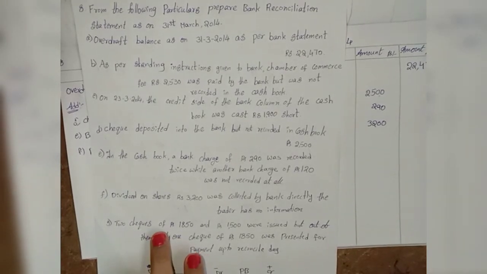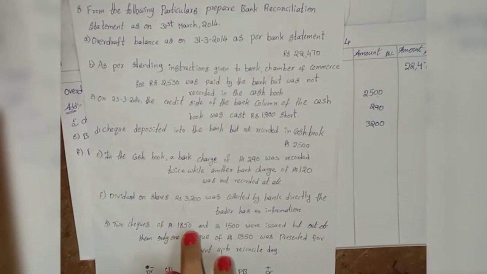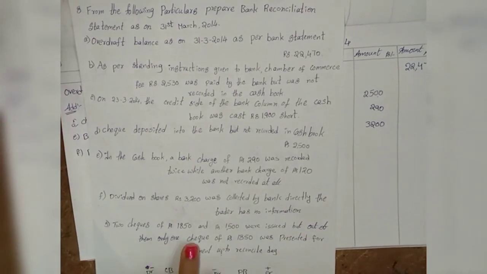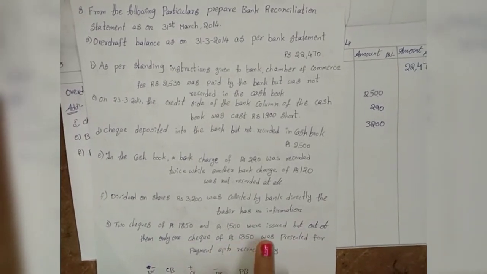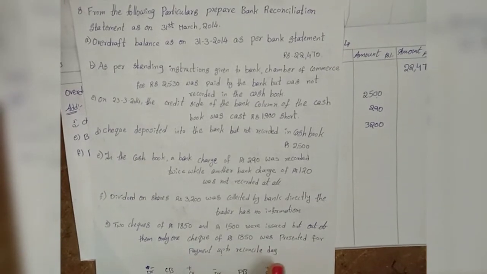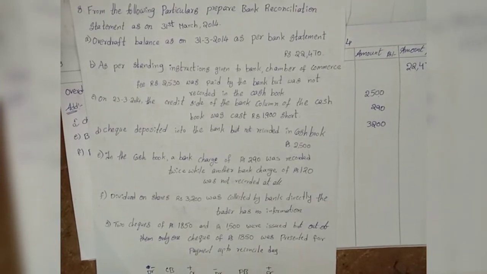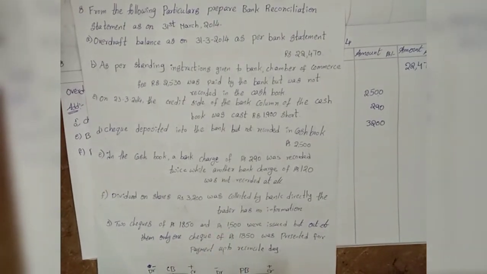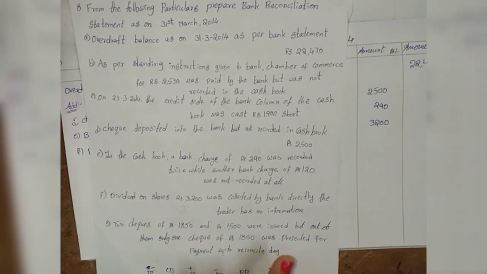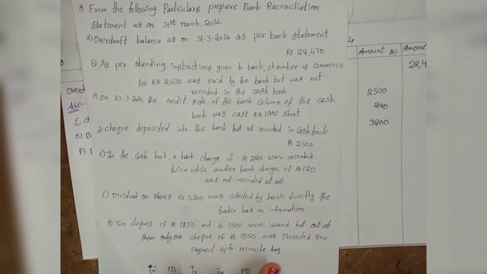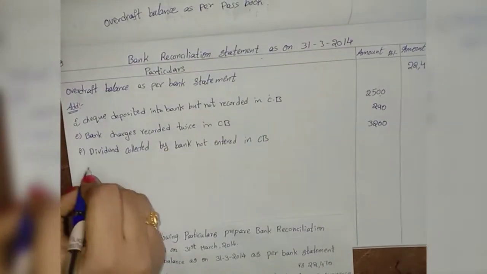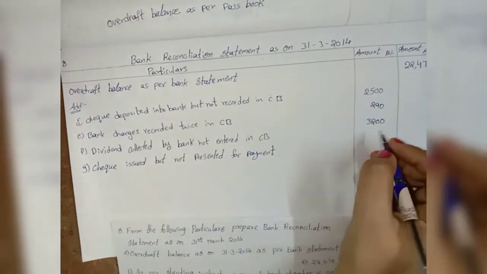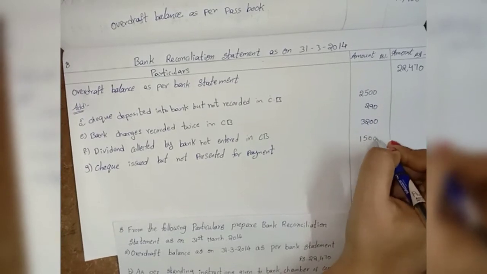And next, two cheques of 1,850 and 1,500 were issued, but out of them only one cheque of 1,850 was presented for payment up to the reconciliation day. So the 1,500 cheque is issued but not collected: cheque issued but not presented for payment, 1,500.